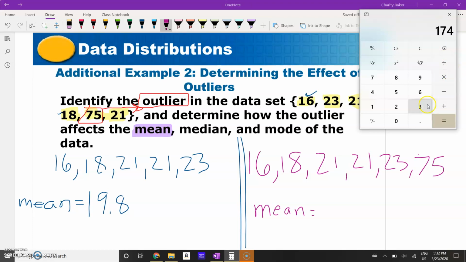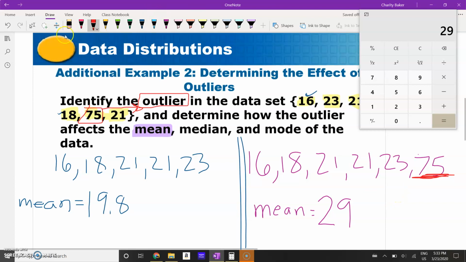I'm going to divide that by 6. So the mean jumps up to 29. That's kind of crazy because we only added one number, right? We only added that one outlier right there, and the mean has jumped 10 points, which is pretty important because all the numbers are pretty small.